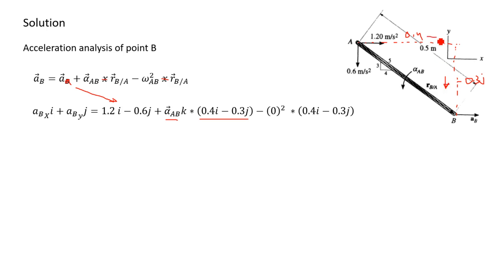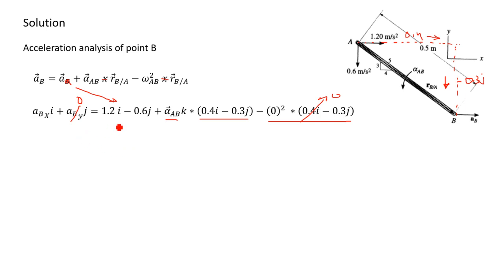This was positive because it's going to the right. Now, the omega of the AB, as we mentioned earlier, is going to be equal to 0. So this whole part will go to 0. Then simply, this one is only going to go horizontally, so this one also going to go to 0.